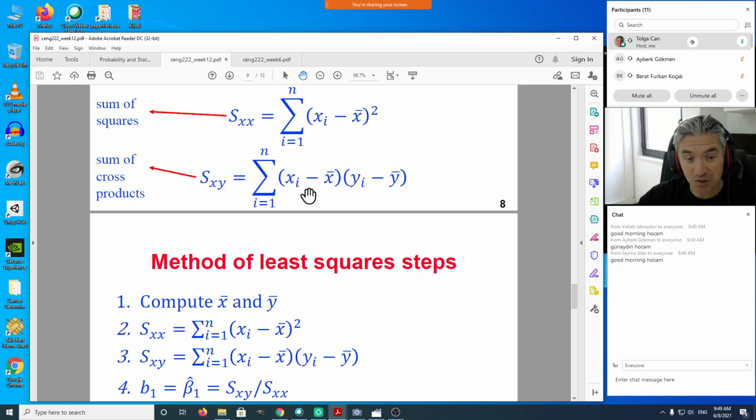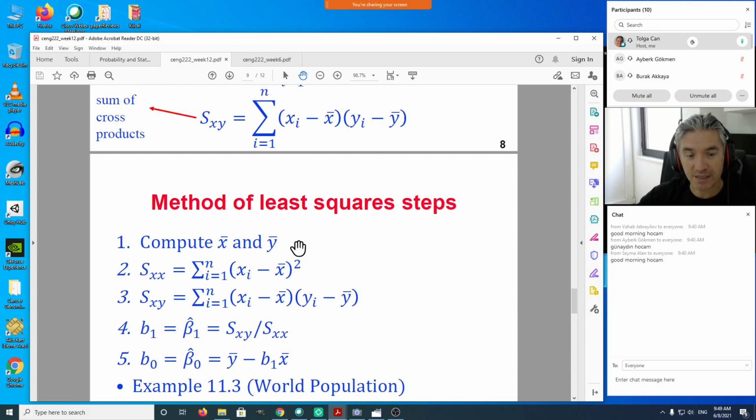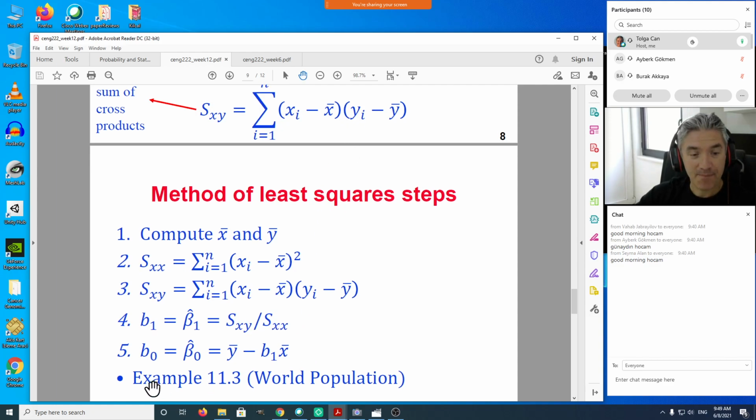After you have these two things, you directly have your linear regression coefficients. Beta 1 will be equal to SXY divided by SXX, and beta 0 will simply be equal to y bar minus beta 1 times x bar.